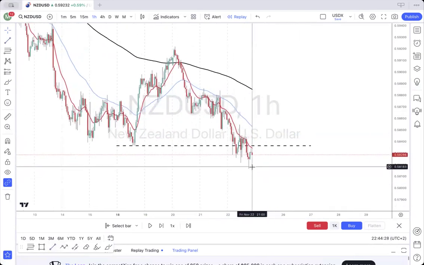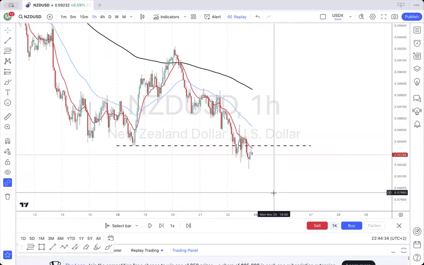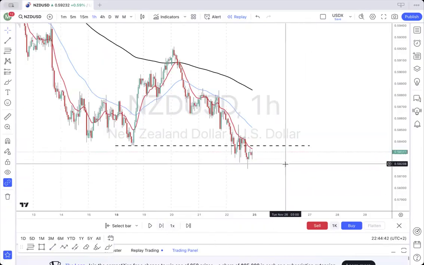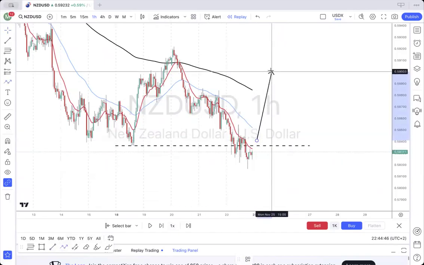Remember the trapping tactics of the dealer. So that is what the dealer decided to do. He decided to trap traders in on the wrong side. So he knows that he is supposed to buy here, but he made sure that he does not what? He does not buy.